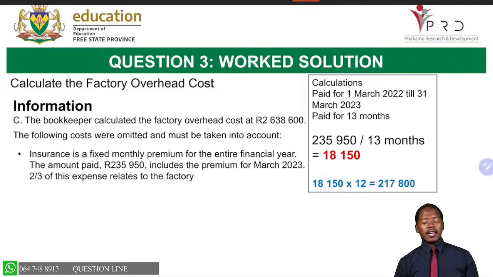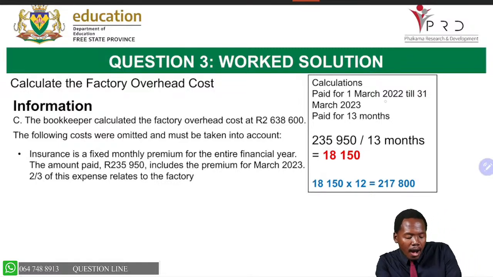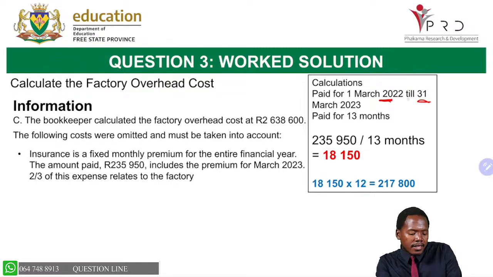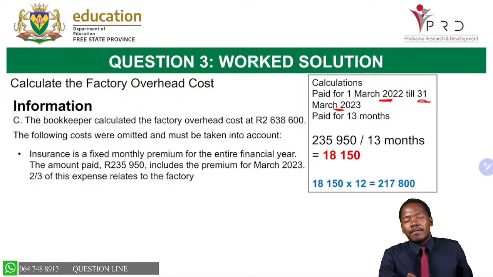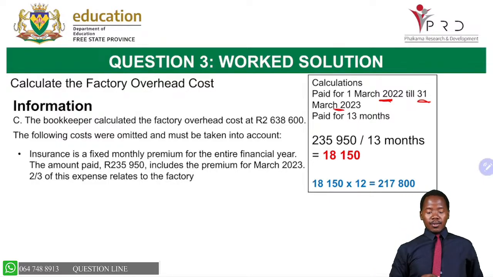When did we start paying for our insurance? We started at the beginning of the year, which is March, and we paid up until the 31st of March 2023. Started paying on the 1st of March 2022, and then up until the 31st of March 2023.